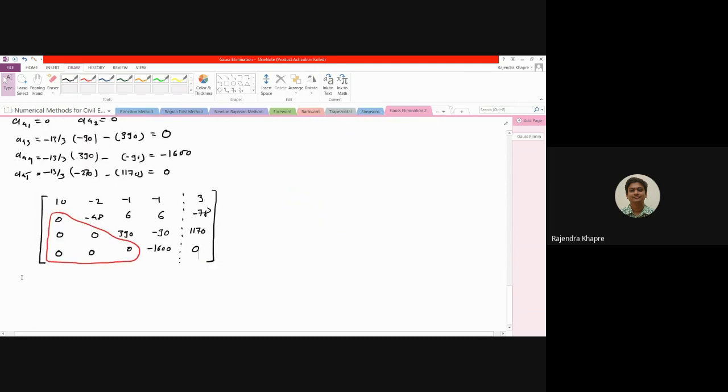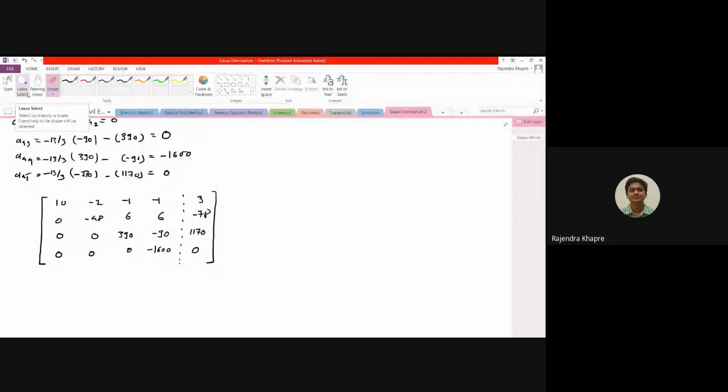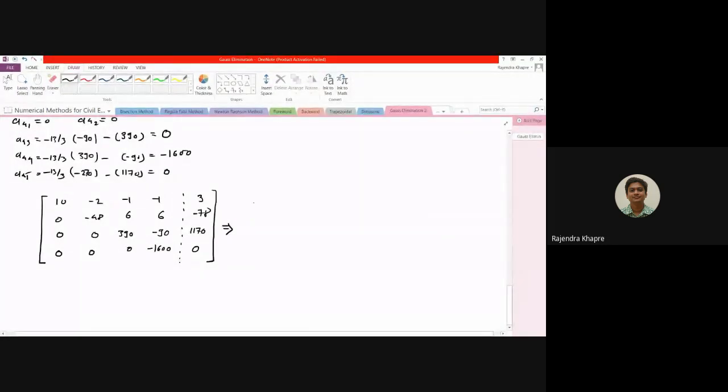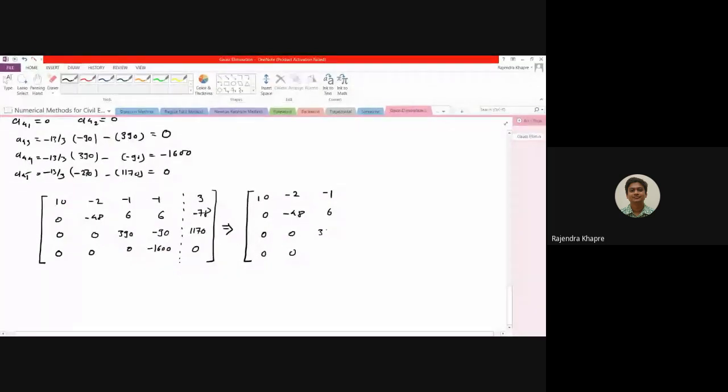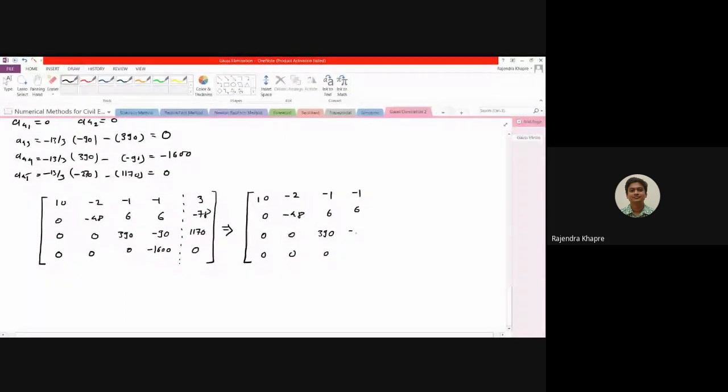Right, so now I have this matrix ready with me, and if you rewrite this in the form of an equation, you are going to get 4 different expressions. Let me rewrite it in the matrix form. This will be 10, 0, 0, 0; minus 2, minus 48, 0, 0; minus 1, 6, 390, 0; minus 1, 6, minus 90 and minus 1600.